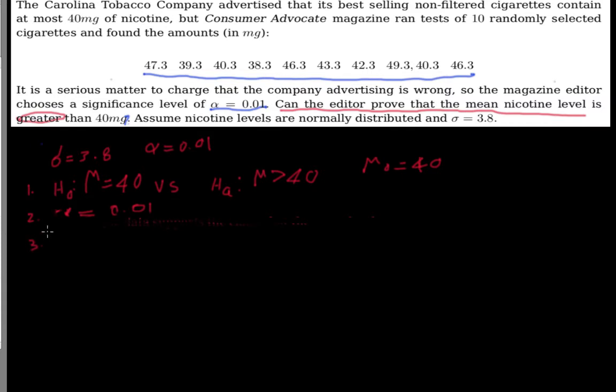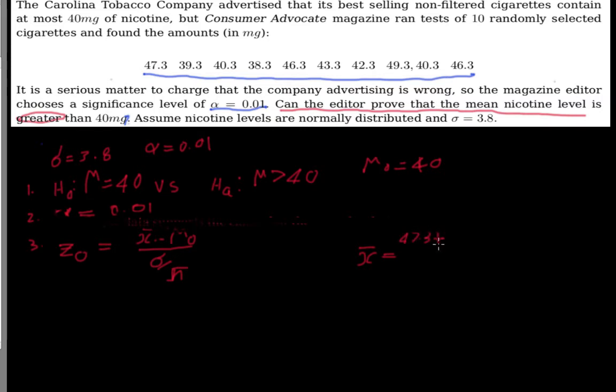Third one, find the test statistic, which is z naught equal x bar minus mu naught over sigma over root n. I think we do know everything but x bar. How do we find the x bar? We do have a sample. We do know the sample values. What are those?